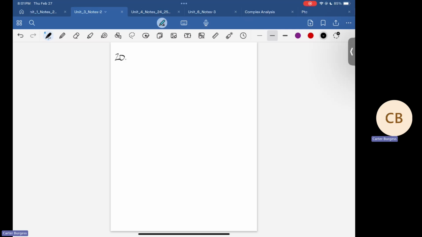Taking a look at number 20, we're asked to find the asymptotes of the function f(x) = (x² - 6x + 5) over (x + 4). So we can classify our asymptotes into kind of two separate categories. We have the end behavior asymptotes, which are going to be horizontal or slant.